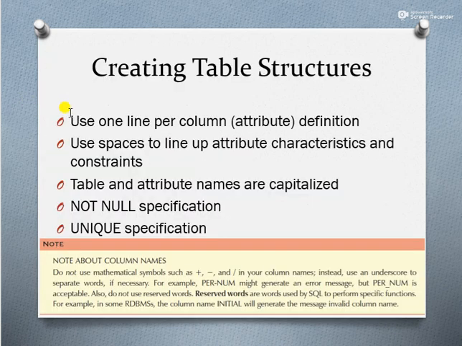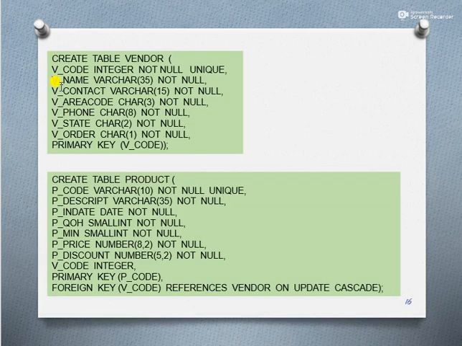If we go back over here, it tells us that when you are creating a table structure and writing an SQL query, you should follow some guidelines, like use one line per column definition. Each attribute should be defined on one line.